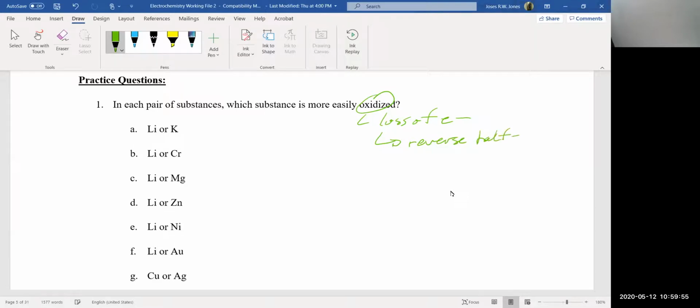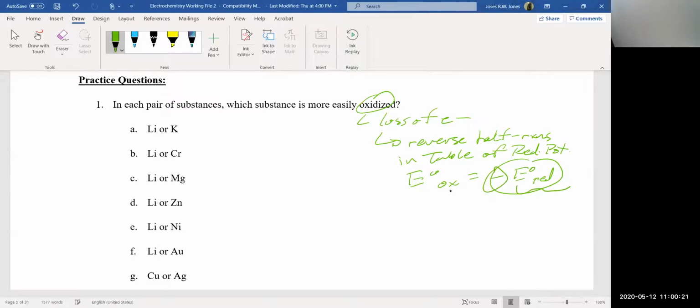So reverse half reactions in the table of reduction potentials. The E naught oxidation equals the negative value of the E naught reduction.